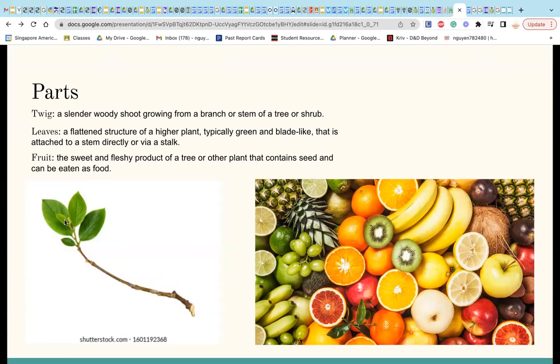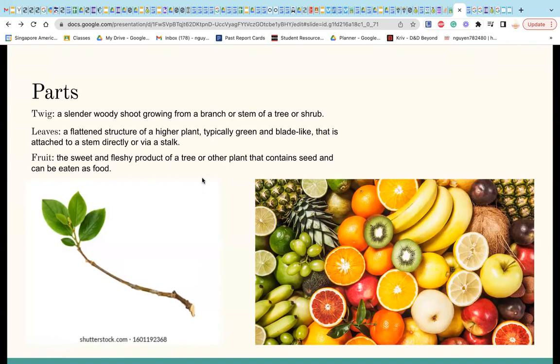And then on the twig, you can see growing from it are leaves. So leaves are flattened structures of a higher plant, typically green and blade-like. So you call a leaf a blade of grass, a leaf, a blade of grass.